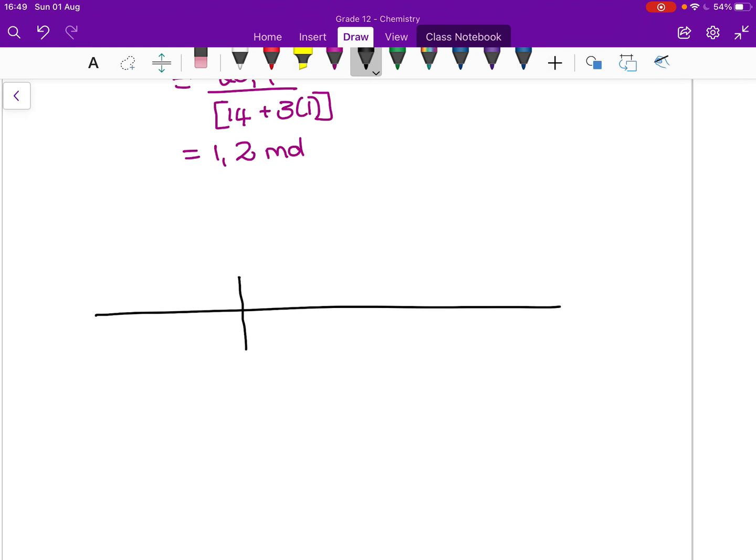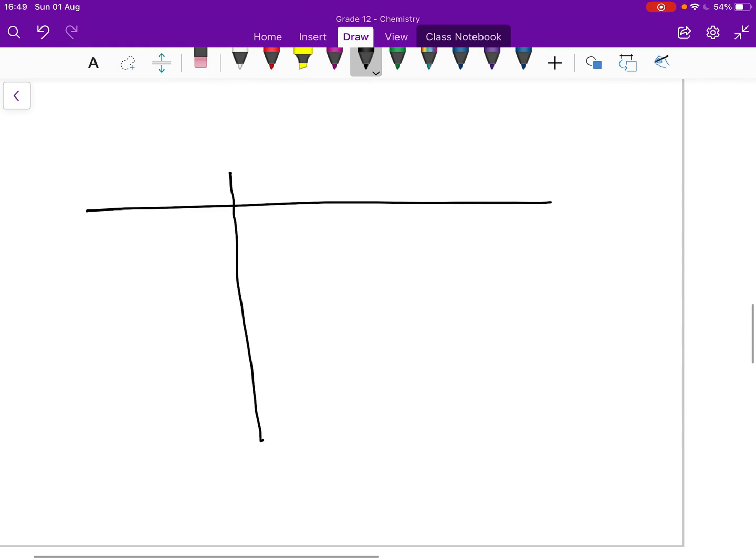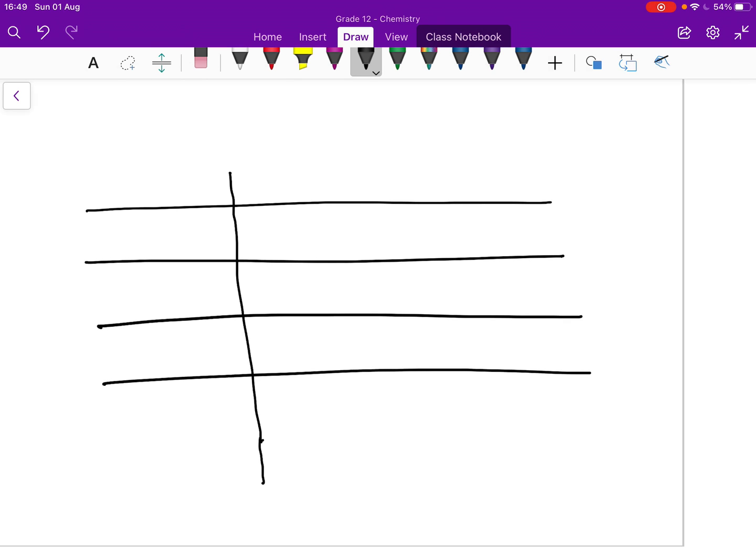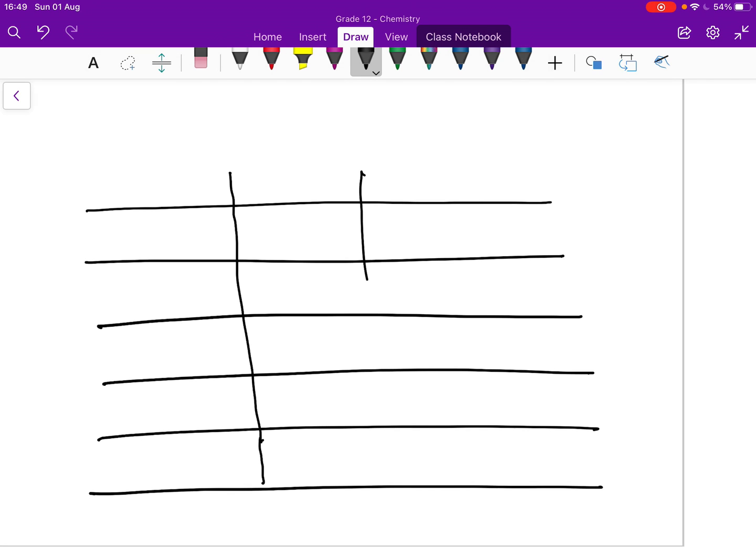We have the same lines all the time, all the way down. So we have the ratio line, initial, change, equilibrium, equilibrium. It's not the neatest, but you'll get it.